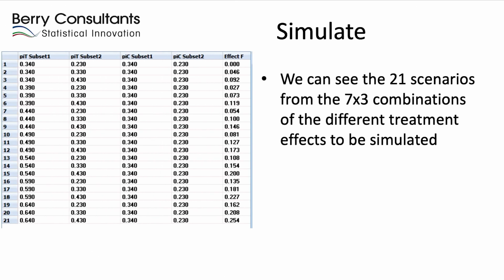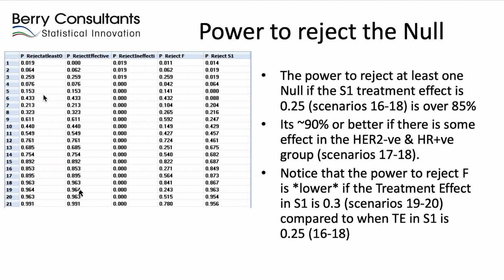So here you can see that summary of the treatment effects that are being simulated, and here's that section of the power to reject the null hypothesis. And you can see that in scenarios 16 to 18 here, we've got a power to reject at least one null if the effect size in treatment S1 is over 0.25.